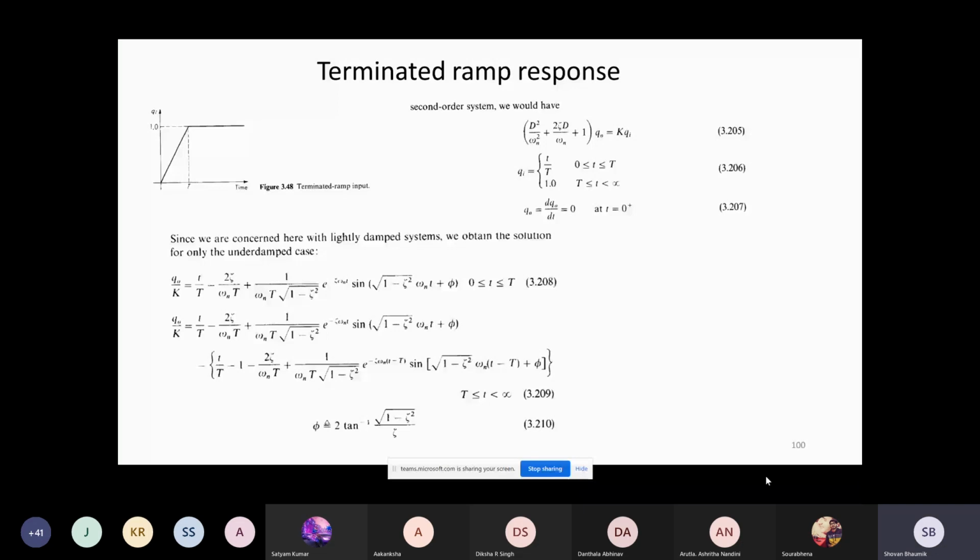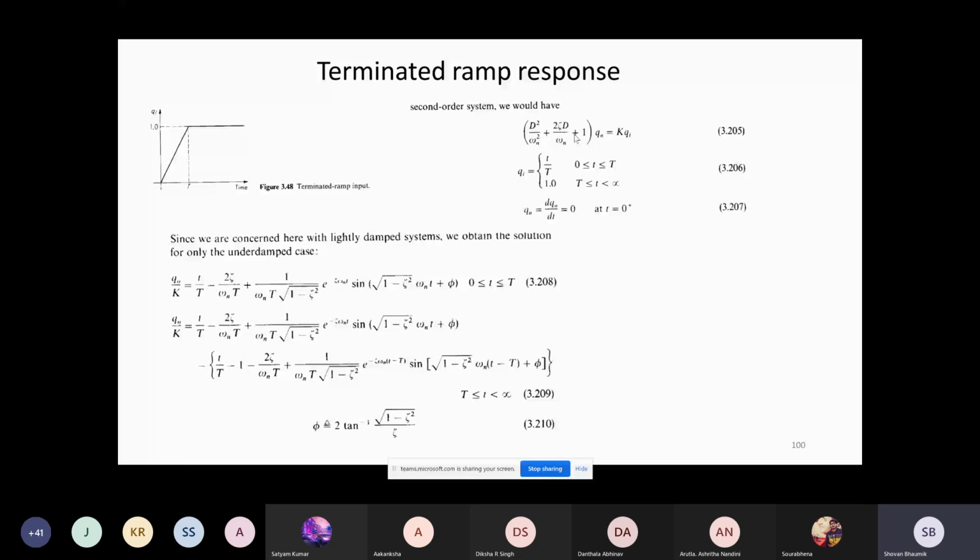And for a second order system, there are basically two parts. We can write the equation as (D squared by omega n squared plus 2 zeta D by omega n plus 1) q0 equals k qi, where q0 is the output, qi is the input, and D is the derivative. Now qi is very interesting.